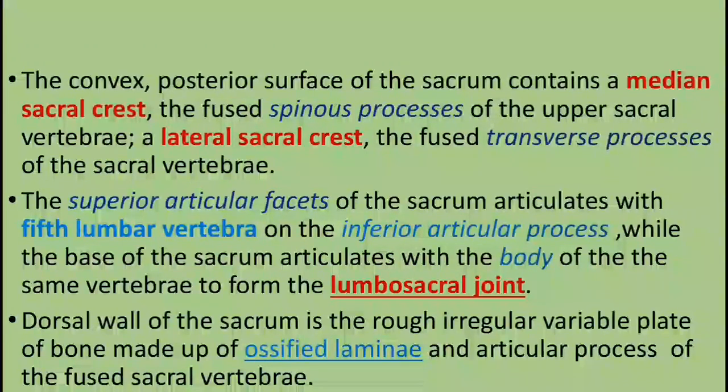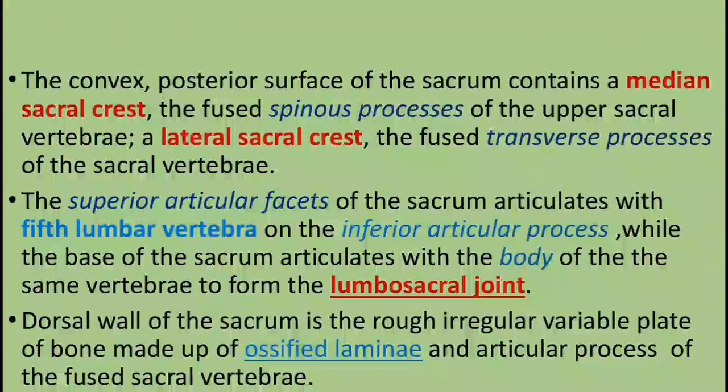The superior articular facets of the sacrum articulate with the inferior articular process of the 5th lumbar vertebra, while the base of the sacrum articulates with the body of the same vertebra to form the lumbosacral joint. The dorsal wall of the sacrum is a rough, irregular, variable plate of bone made up of ossified laminae and articular processes of the fused sacral vertebrae.